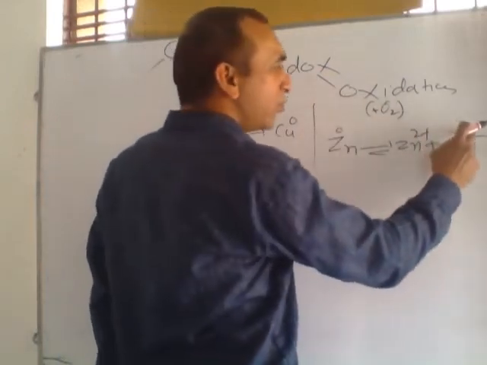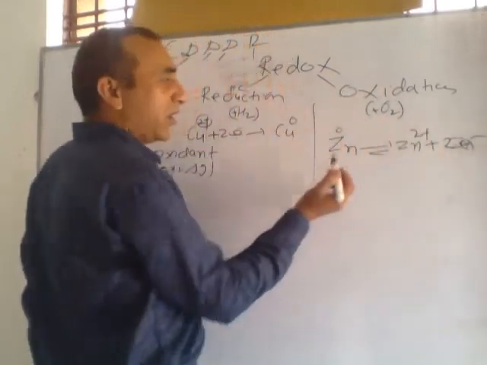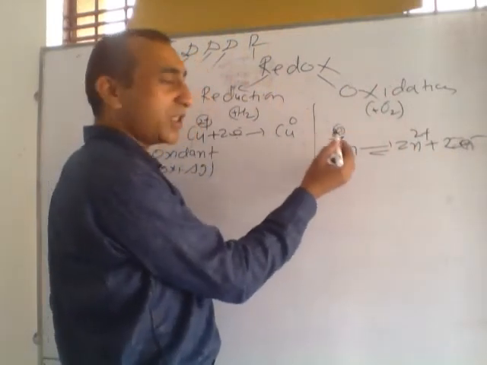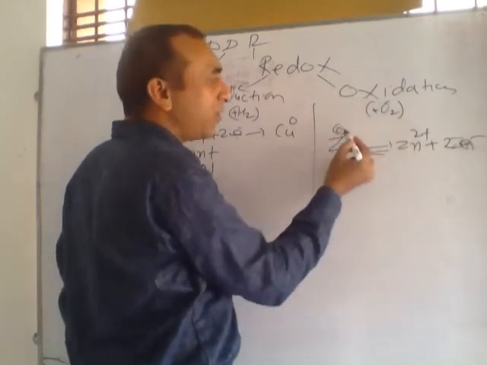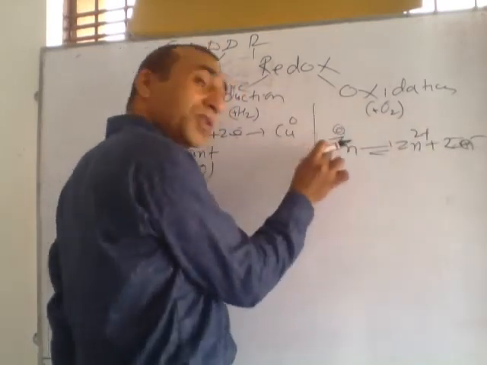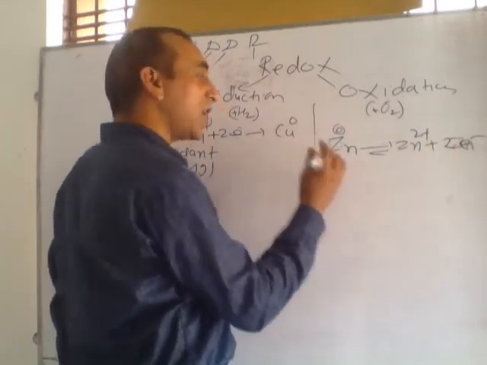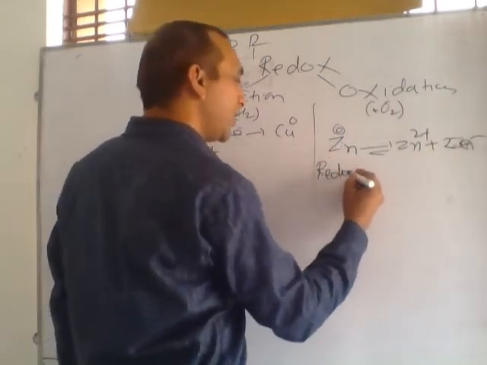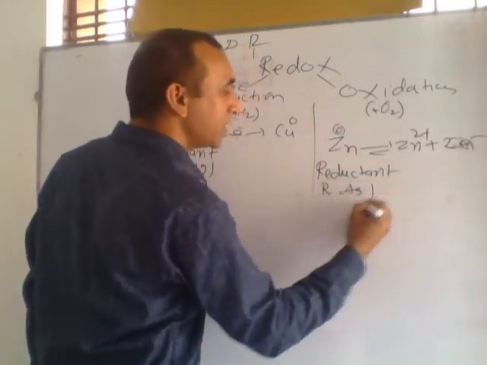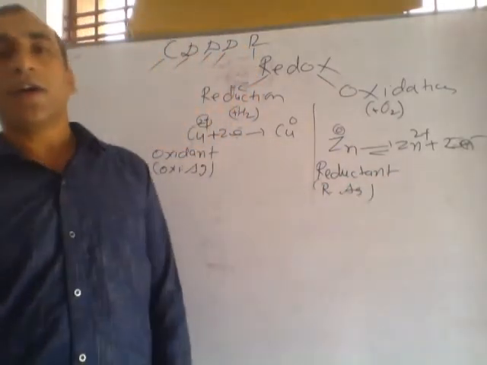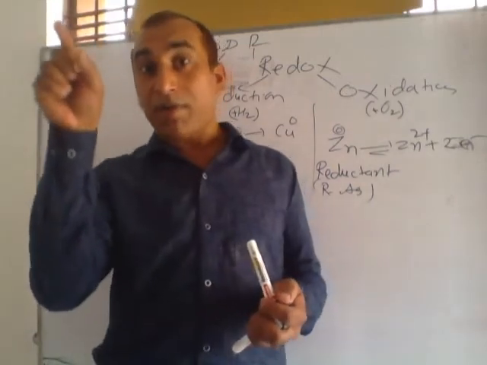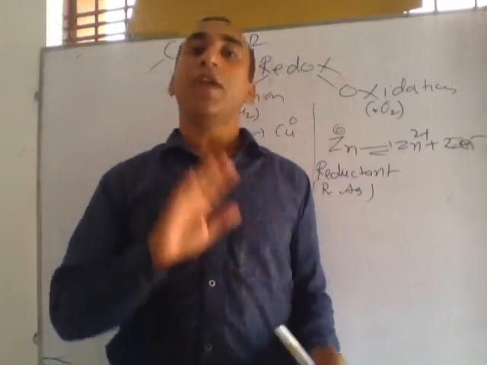After that it removes 2 electrons to become 2 plus, which means the oxidation state of zinc is increased from 0 to 2 plus. The process is called oxidation. But the species of which oxidation takes place is called reductant, also called reducing agent. So reducing agent, reductant means the species of which oxidation state, meaning charge, is increasing in any reaction.